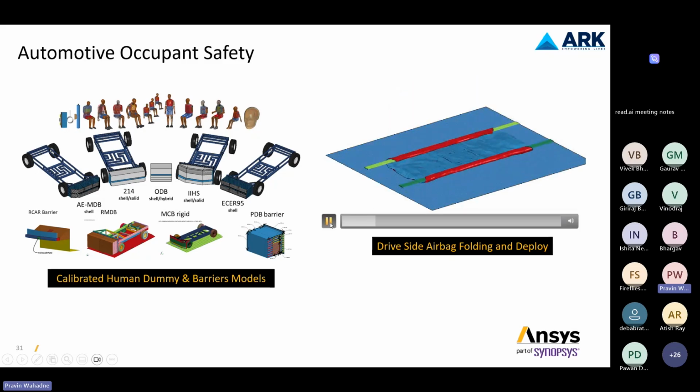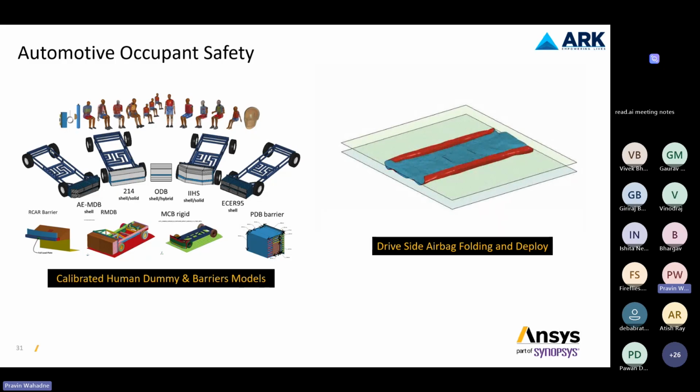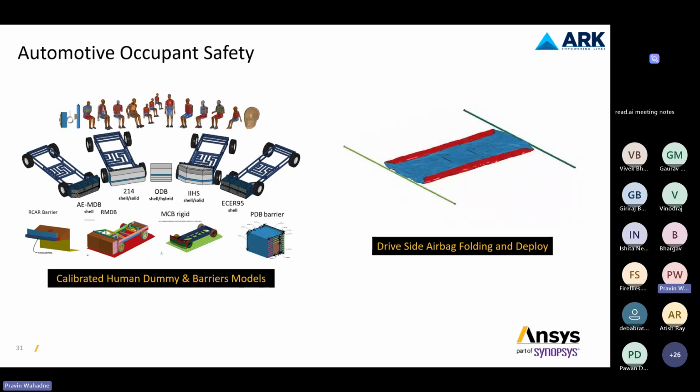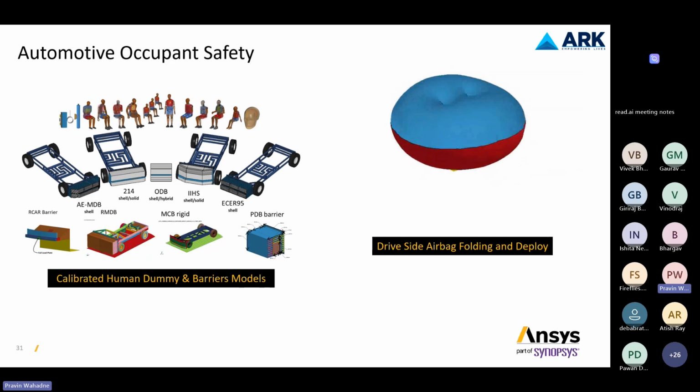Airbag folding and deployment is a process which is also used in vehicle crashworthiness. With this process, we can understand the compression of the airbag and the deployment period, and we can analyze it.